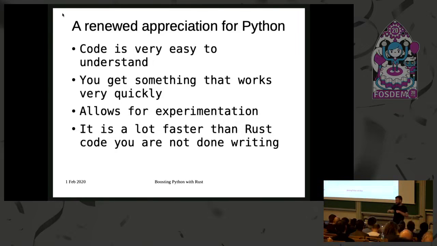It's very rare to break your entire project by just changing something somewhere in Python. Usually you can get away with it. Whether that's a good thing or a bad thing is up to you, but it allows for experimentation. And it is a lot faster than Rust code that you are not done writing, because you have the 15th error message that tells you the same thing.